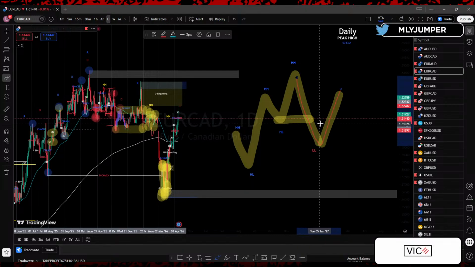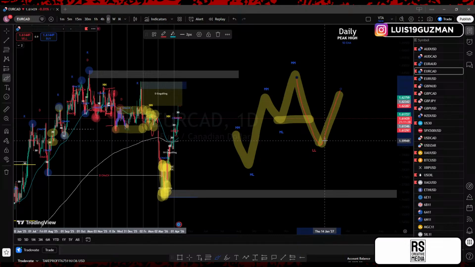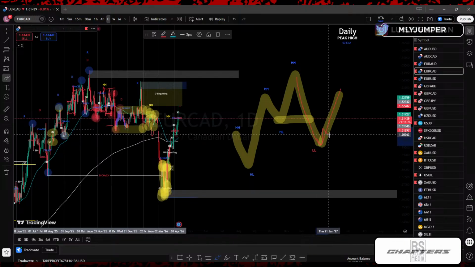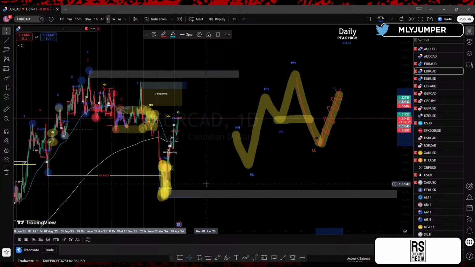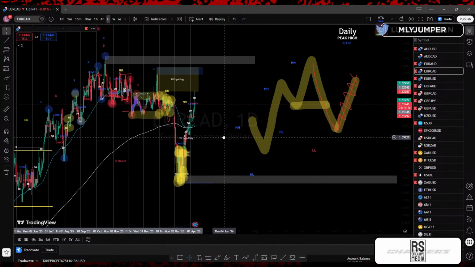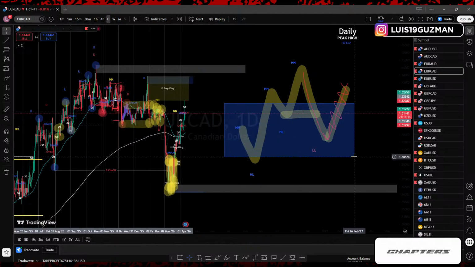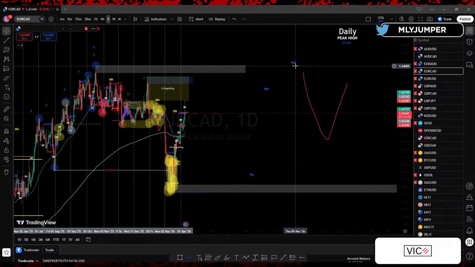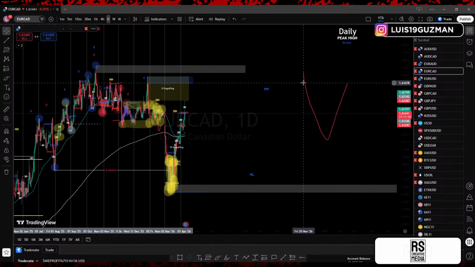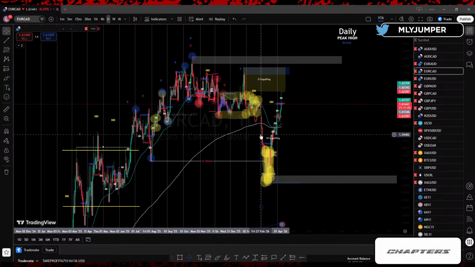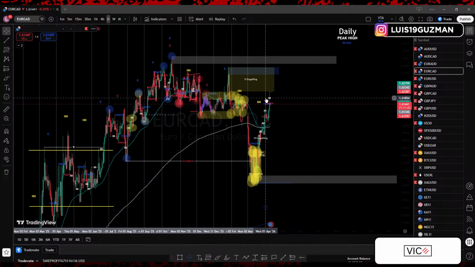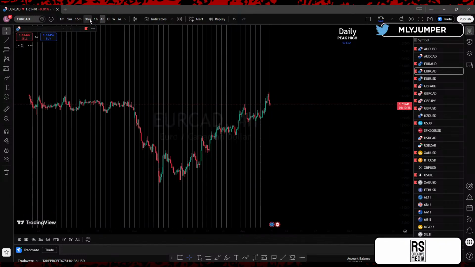So when price is moving up, what do you see? You see higher highs and higher lows, right? So on the daily time frame, we understand that right now, price moving up is because we're going into a lower high point.